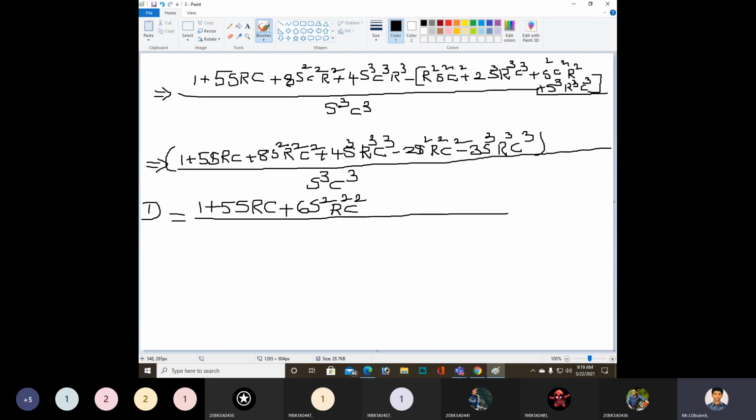Then next, here we have 4 S cube R cube C cube. Here we have minus 3 S cube R cube C cube. Then here you are getting only 1 S cube R cube C cube, divided by S cube C cube.